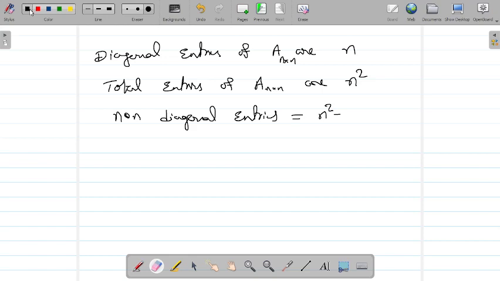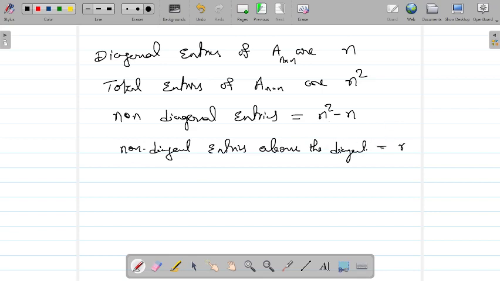But we know something about symmetric matrix. If you know the entries above the diagonal, then we can write the entries below the diagonal. So it is enough to know half of these non-diagonal entries, not the full non-diagonal entries. So therefore, we can say that non-diagonal entries above the diagonal are simply entries above the diagonal that I can write.